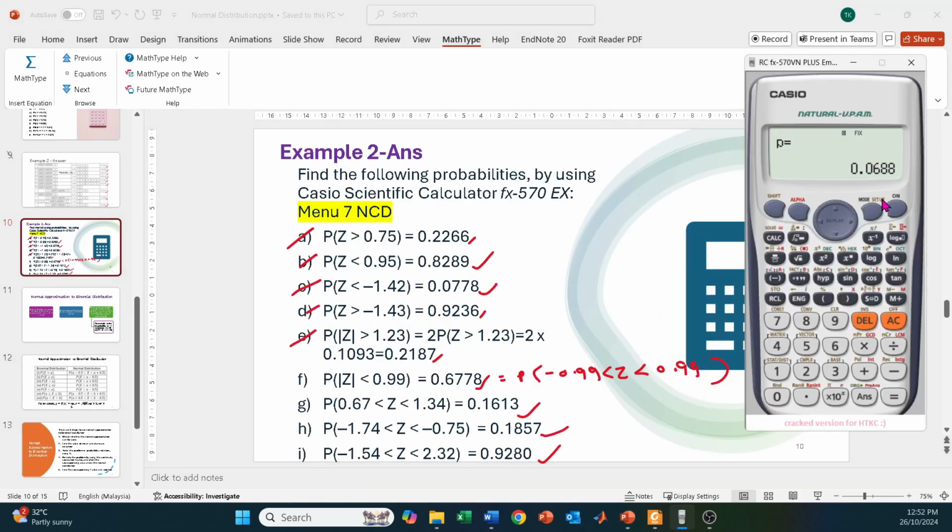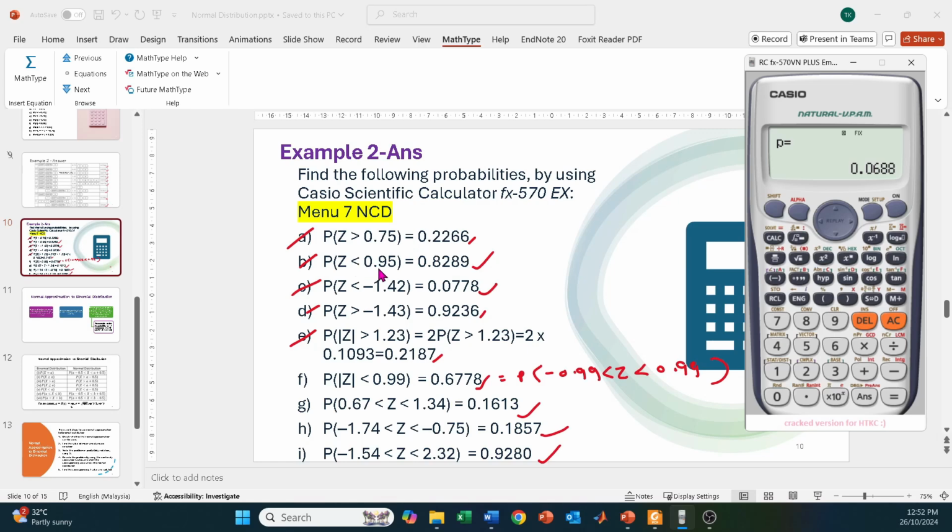To get the probability, it is very easy: you can directly use your scientific calculator with the normal CD. For example, for the probability of Z greater than 0.7, this is the lower bound, the upper bound is a very big number, sigma is 1 and mu is 0.